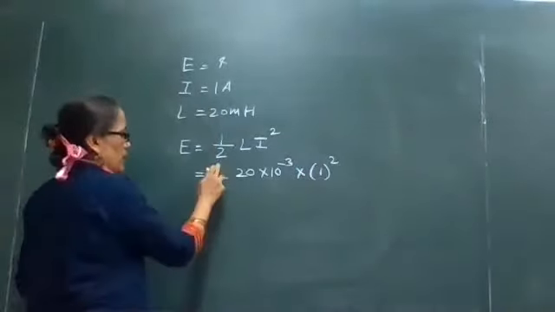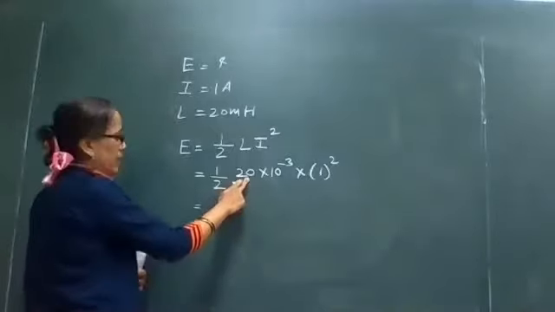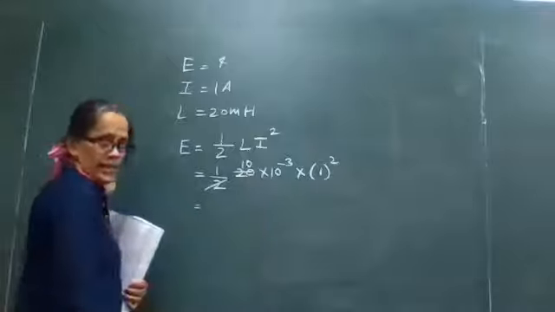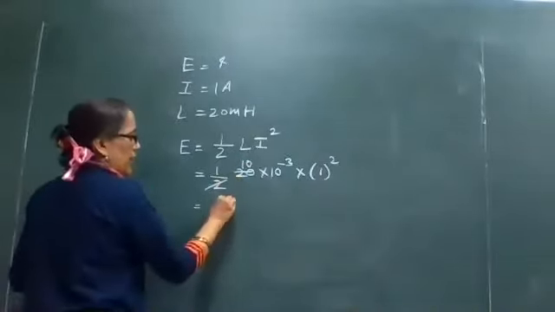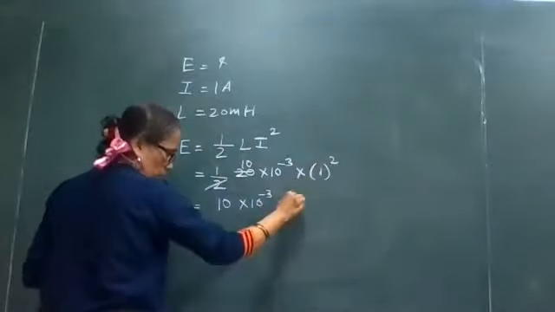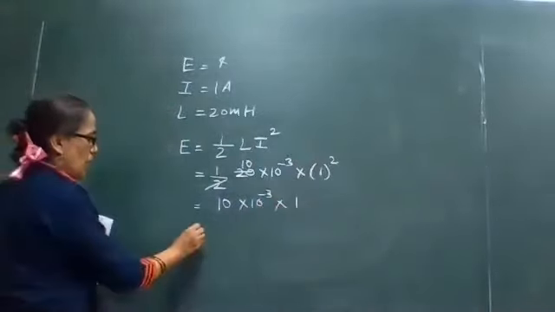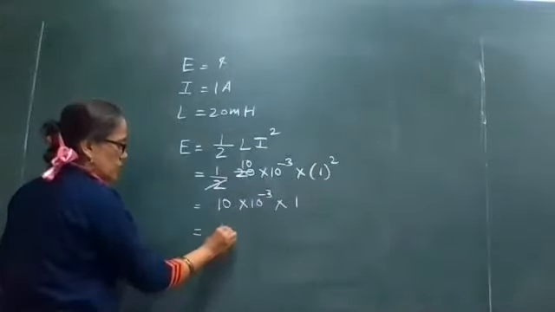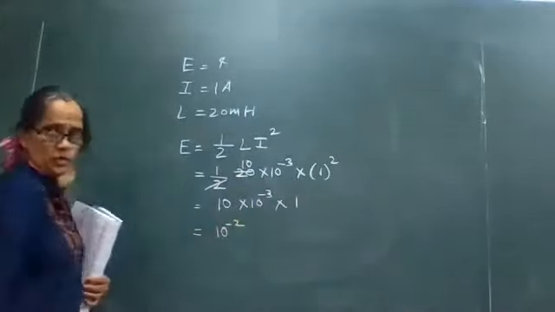So 1 by 2 multiplied by 20. This 2 will get cancelled with 20 as a 10. So what is remaining now? 10 into 10 raised to minus 3 multiplied by square of 1 is 1. Means how much am I getting? 10 into 10 raised to minus 3, which is equal to 10 raised to minus 2.